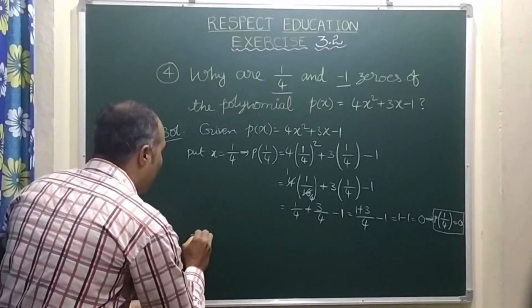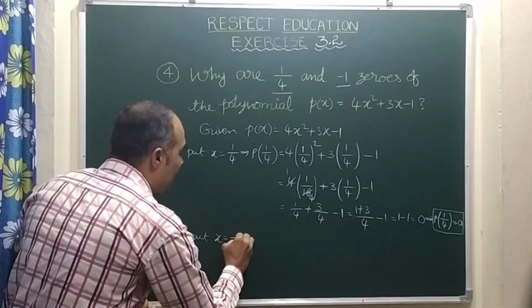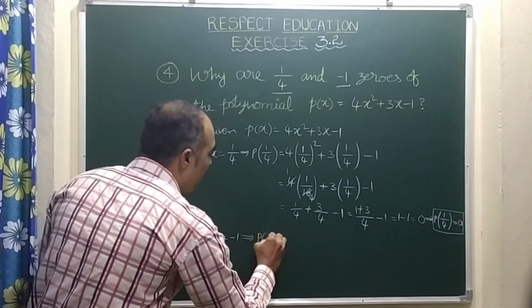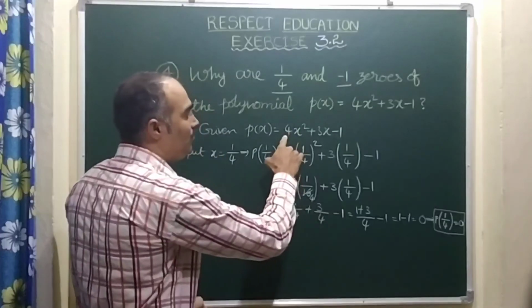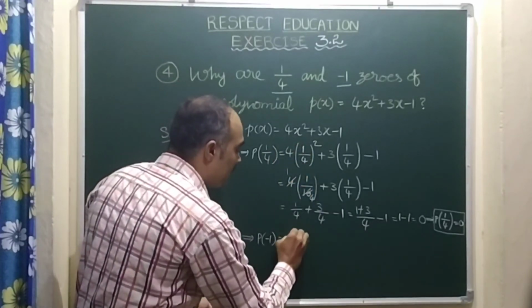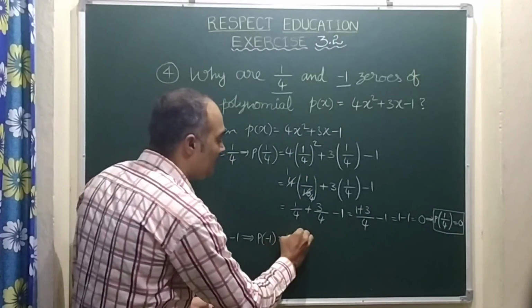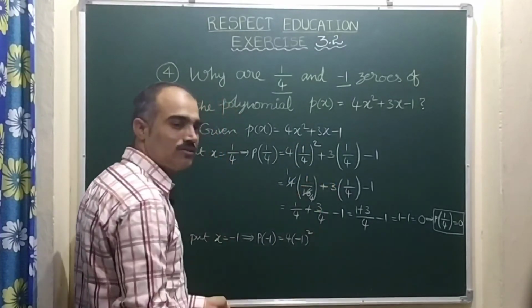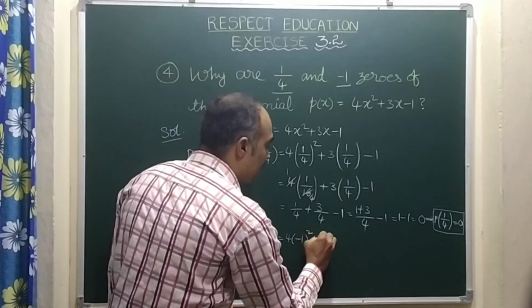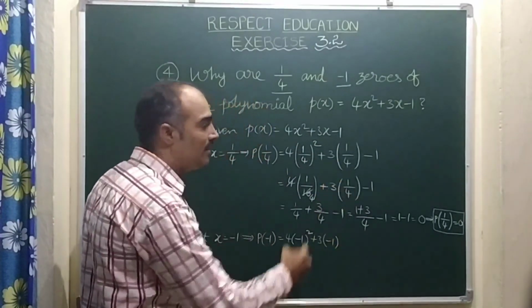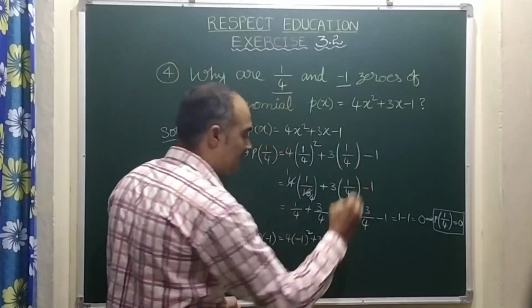Now here you write put x equal to minus 1, then p of minus 1 becomes 4x square, means 4 times, in place of x I am writing minus 1, so it is 4 times minus 1 whole square plus 3 into, in place of x again minus 1. This minus 1 I am writing as it is.